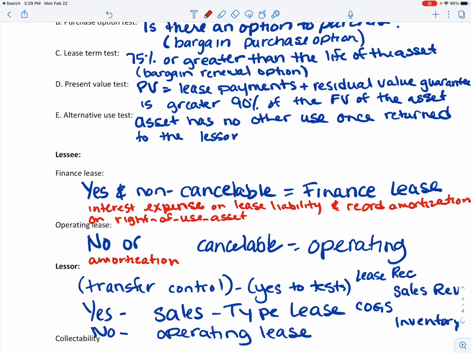So the amortization and therefore the interest, the lease expense, is going to be the same every period. And I know that's a little confusing to write down and read through. I think that's one of those things that once we start doing these journal entries and start looking at the homework, it's going to be a lot easier to understand.